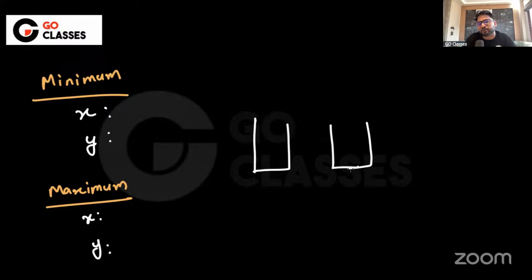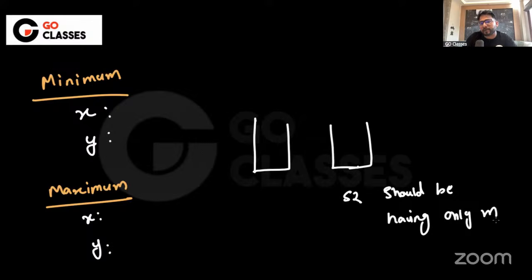See, I want to make sure for the minimum, S2 should be having only m elements in its lifetime, right? Lifetime means like in this whole program, not more than m elements should be pushed here, right? See, if you are pushing n, and m pops, right?